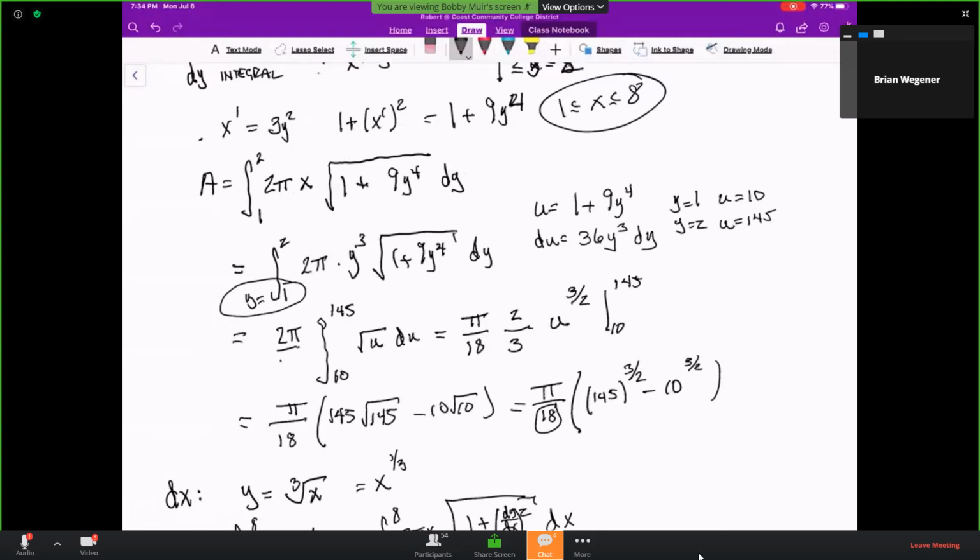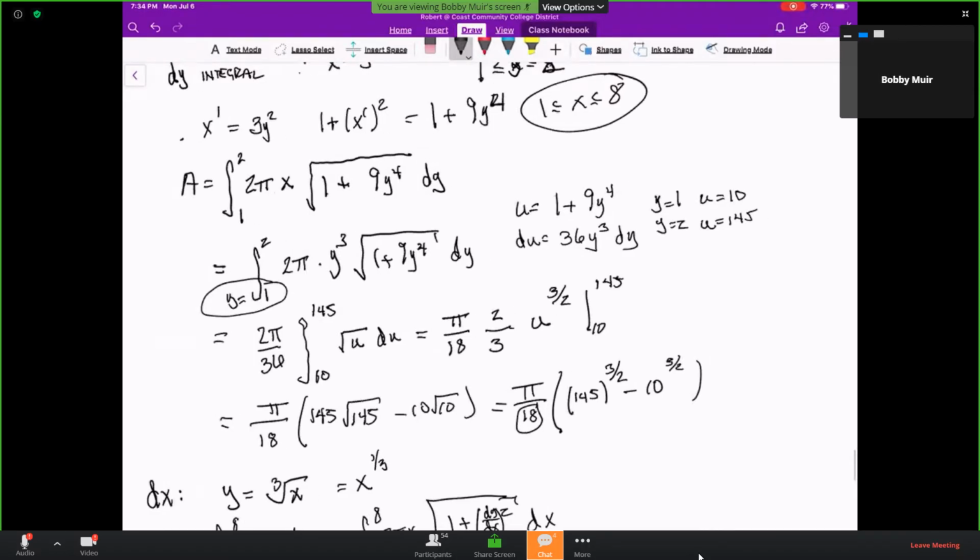That was correct, yeah. Okay, and that's right here, pi over 18 times 2/3. Yeah, that's 2 pi over 54, which is pi over 27. So 27 is the right one. I don't think it's pi over 18. I think it's pi over 27, like you previously had.